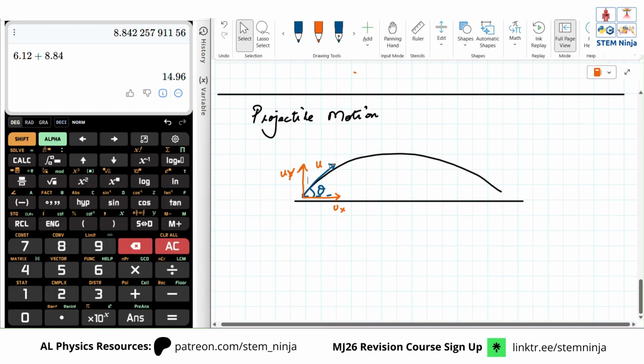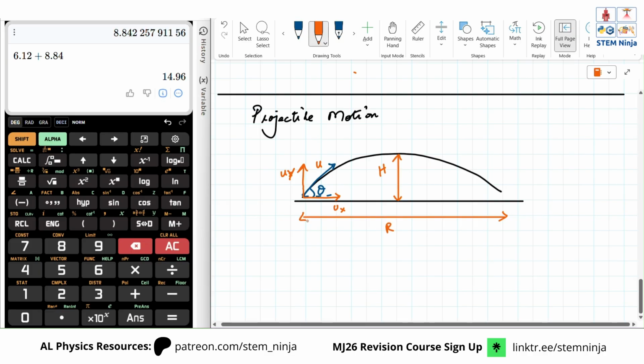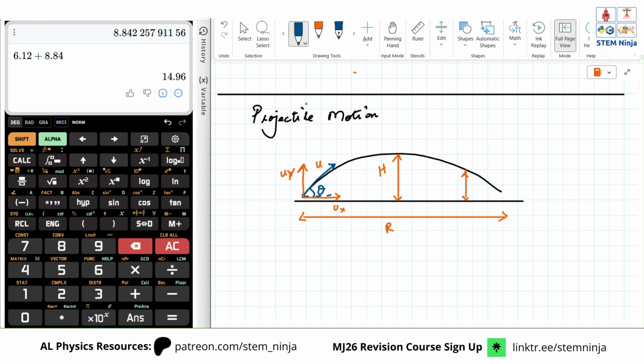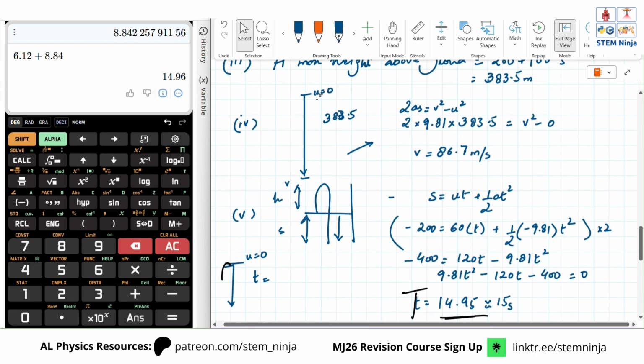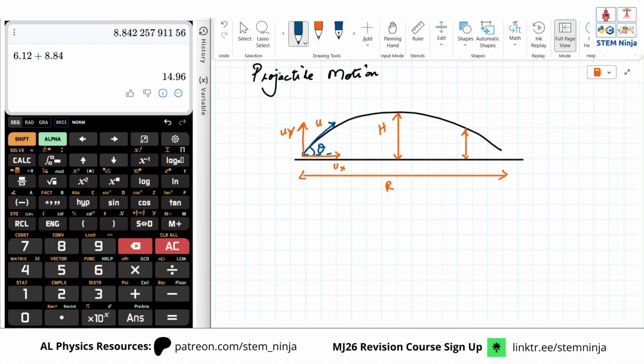So we will get the same type of questions. What is the maximum height attained? What is the range covered? For example, what is the time to achieve a displacement somewhat like this? Those are the types of questions that we will see. Same as what we saw over here, but slightly different.